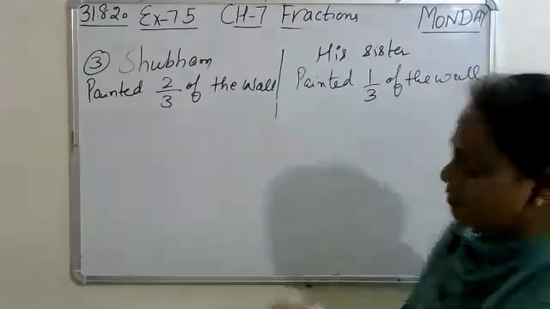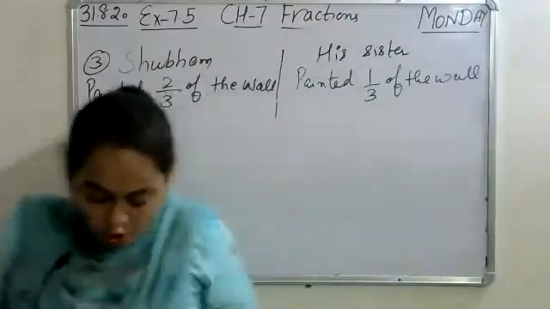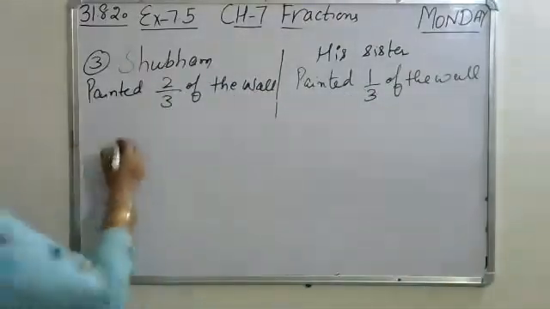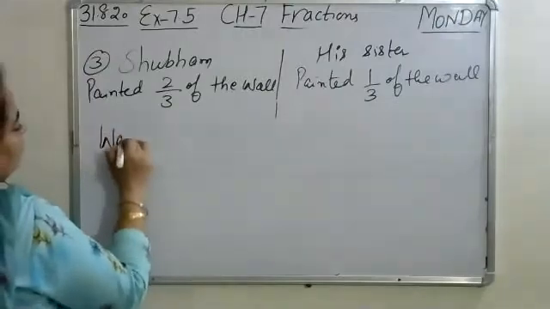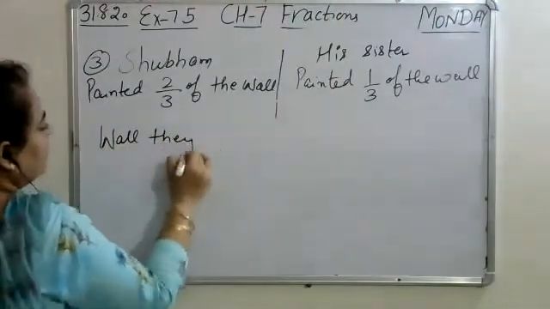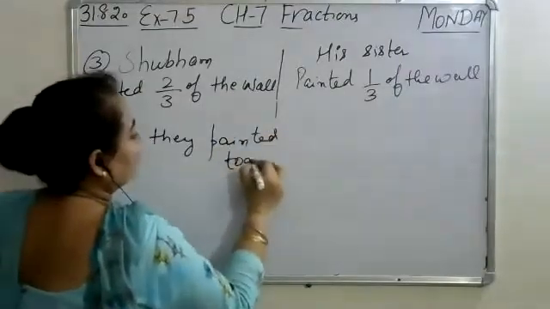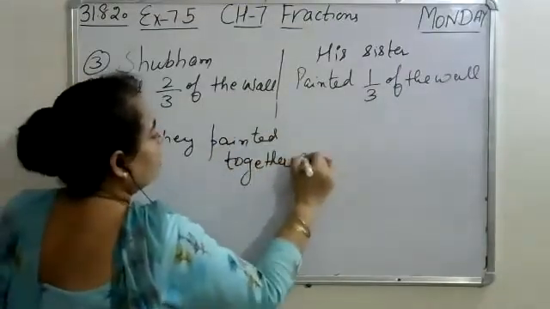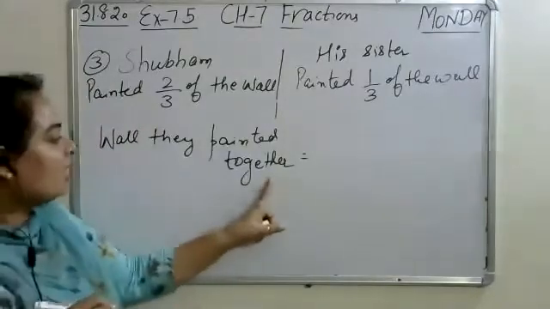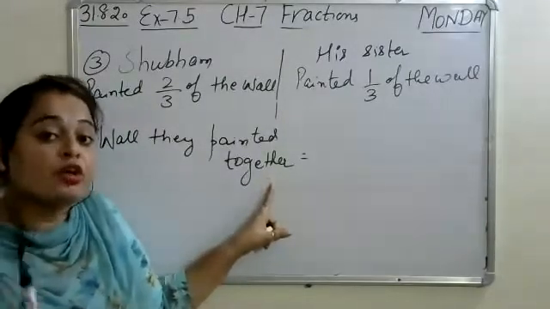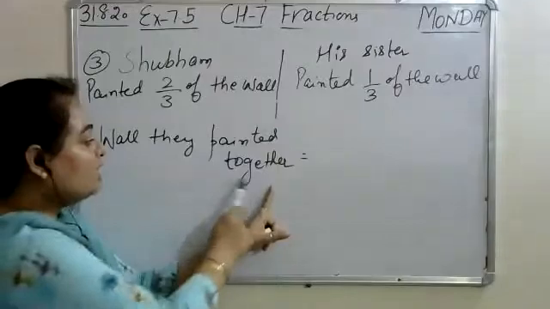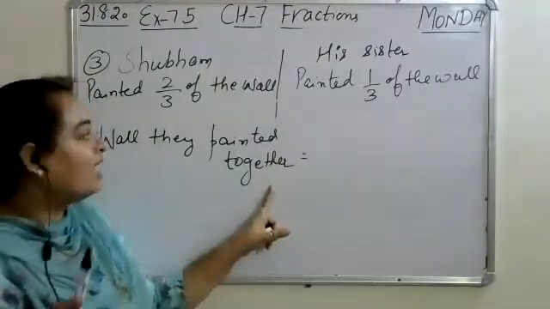So write down, wall they painted together. Here, together is the indication of addition operation. Together means this sum is based on addition.